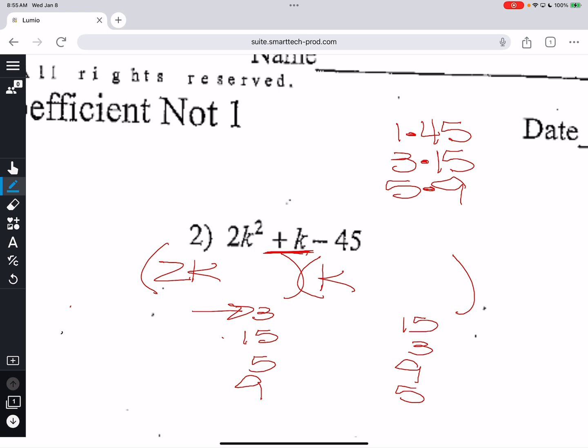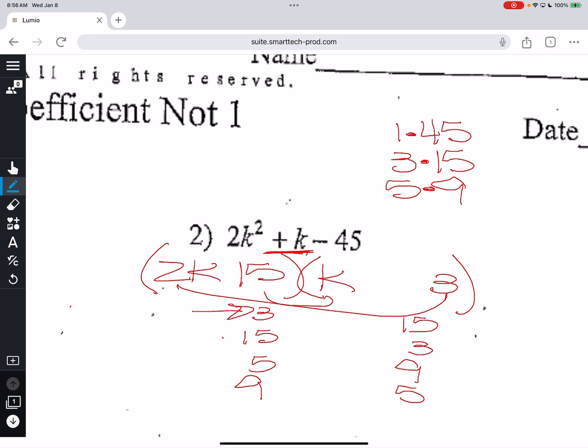You put the 3 here, and the 15 here. What is 15 minus 6? Where do you get 6 from? Well, 2 times 3, your outer is 6. Your inner is 15. Subtract them.